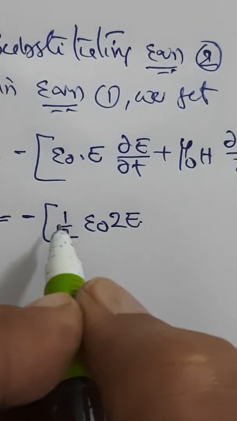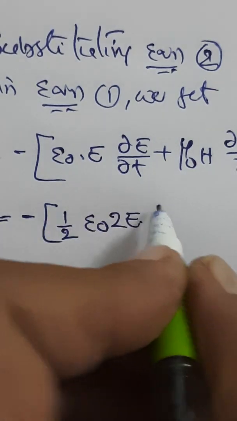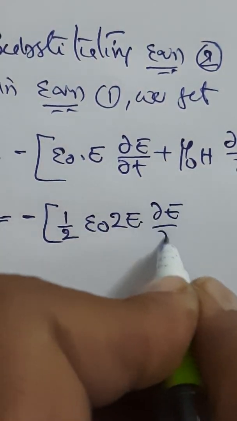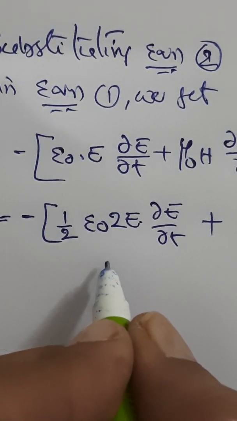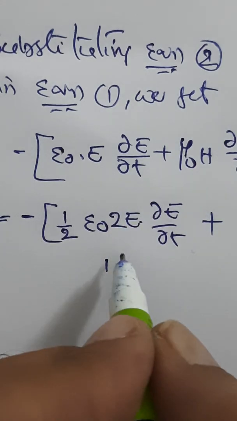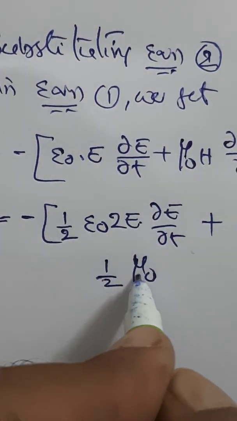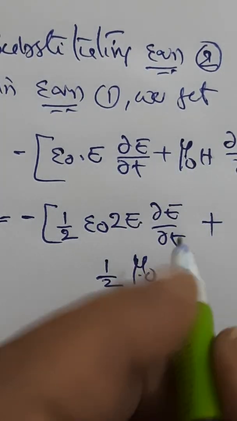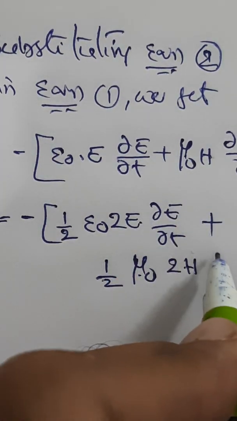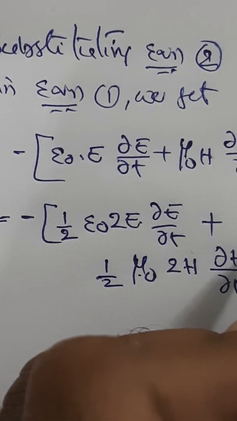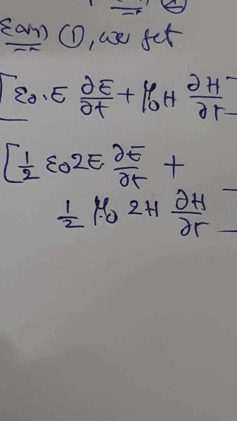This one has become 2E and I took common one half outside, so it makes the same, into dou E by dou T, plus the second expression. Again I am multiplying by half. Half into mu naught is as it is. Instead of H here, I use 2H. Got it? And the rest is okay. Dou H by dou T. This is the expression.